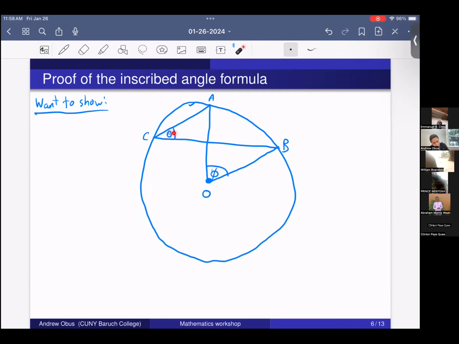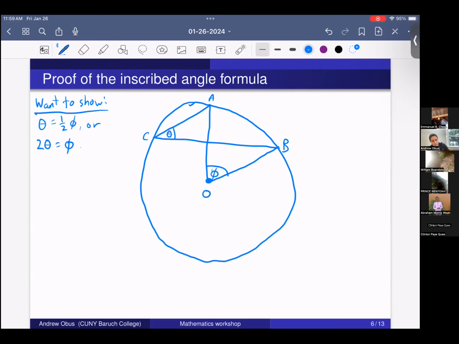What we want to prove is that theta measures half the measure of arc AB. So what we really want to show is that theta is equal to 1/2 of phi. Or multiplying by 2, what we want to show is that 2 theta is equal to phi.